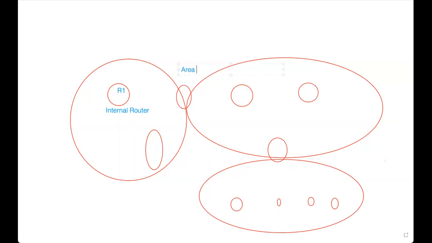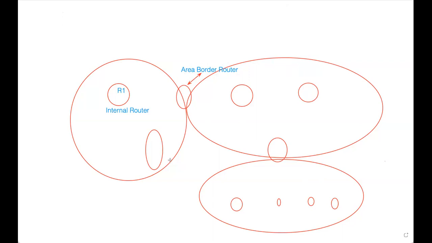This is like the leader in our example, the area border router. That is the area border router.